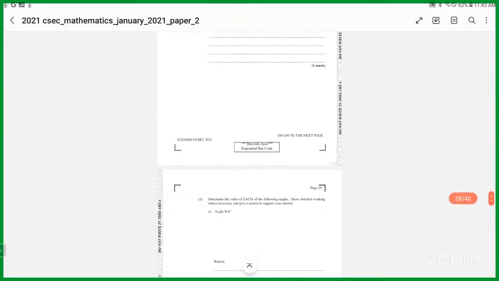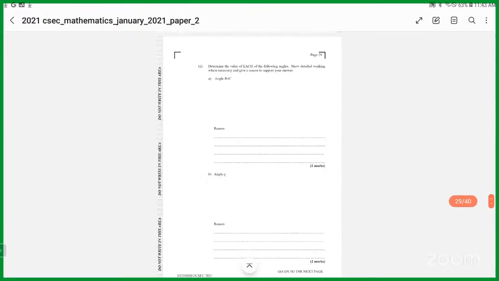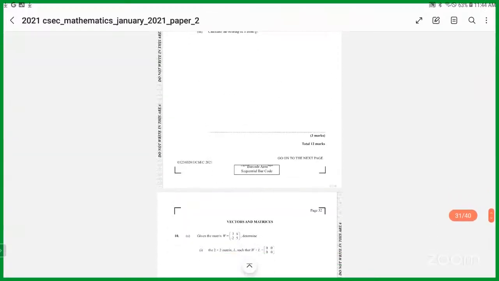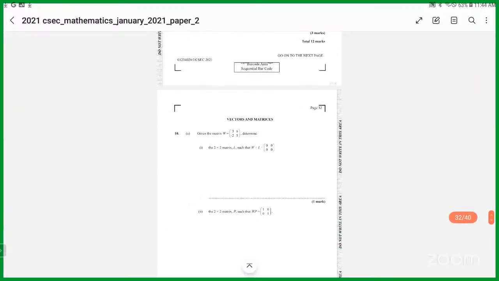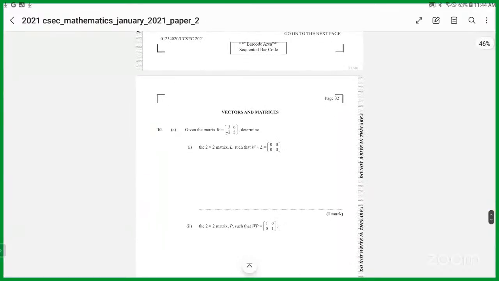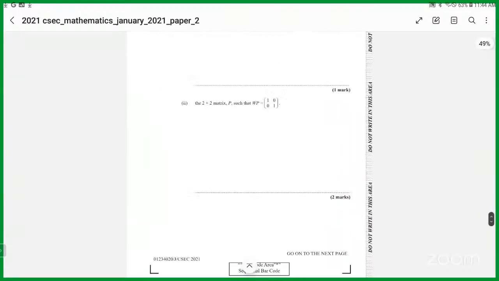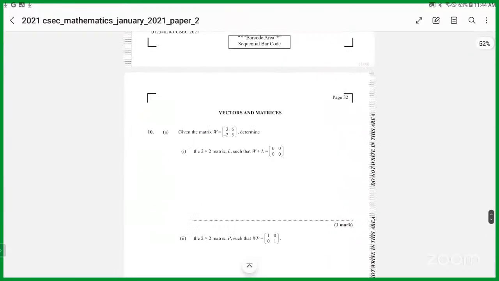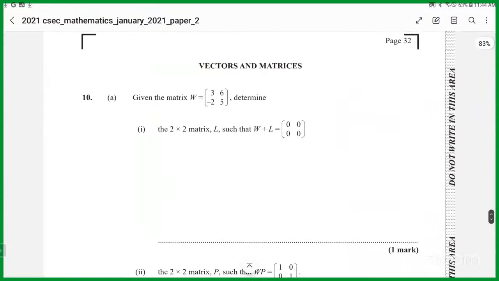Usually the last question of the paper is matrices or transformation. Here's one that we can do. Part B is transformation, but part A is straight matrices. We can do this one now.